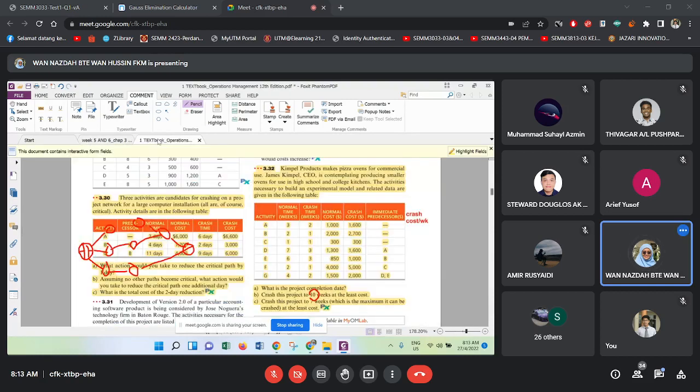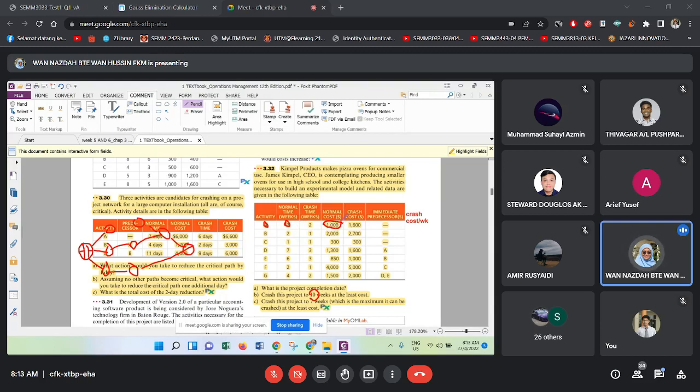Okay, let's see this activity. For this activity A, if you are able to complete within 3 weeks, the cost incurred for activity A is 1,000.